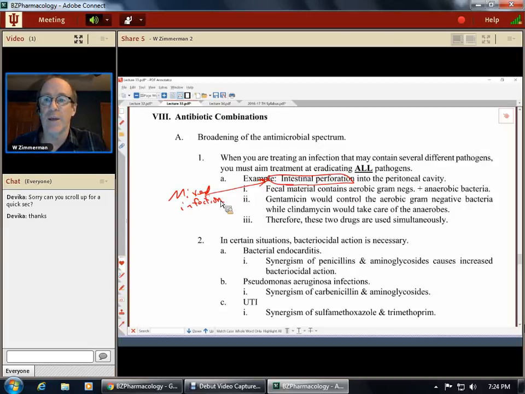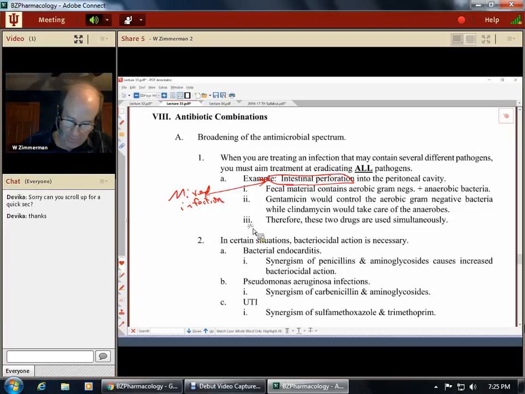You're going to have gram-negatives and you're going to have anaerobic bacteria. So gentamicin, an aminoglycoside, will control the aerobic gram-negatives, and you can add clindamycin to take care of the anaerobes. Or you could use imipenem.